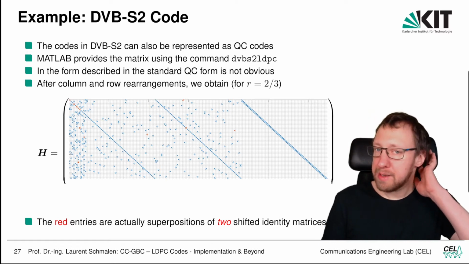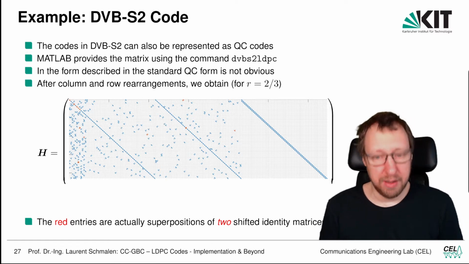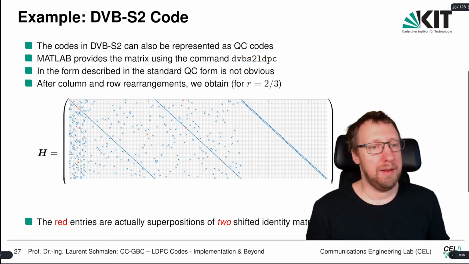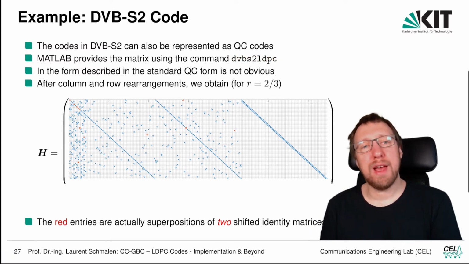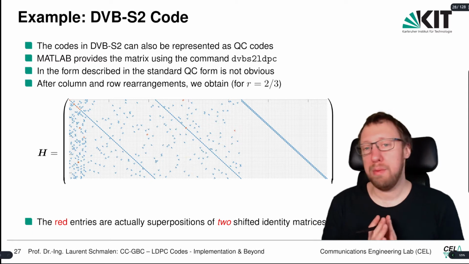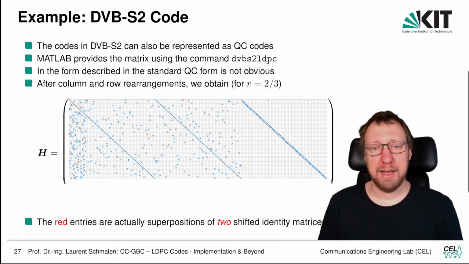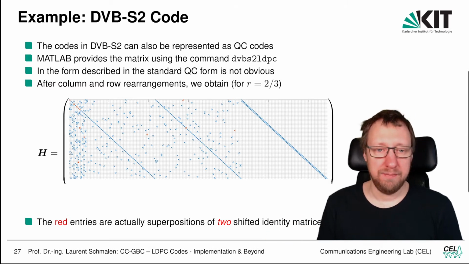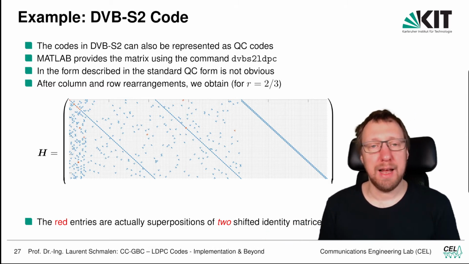You can generate this code in MATLAB. It has a built-in command called DVBS2 LDPC. However, if you look at the code that MATLAB spits out, it will not be in this form. The matrix will look completely different. That's because MATLAB has some permutation, the way it is specified in the standard, it's specified after some permutation.